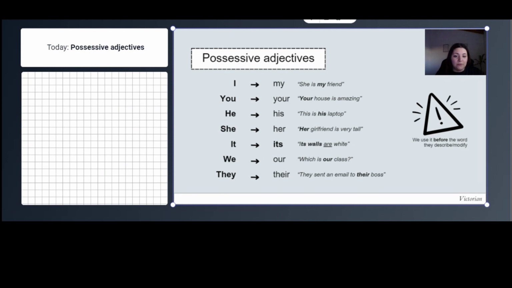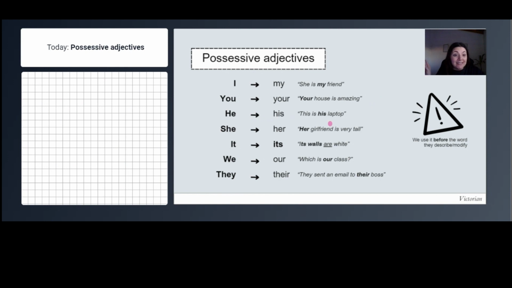Let's see some examples. With I we say my. For example, she is my friend. She's not any friend, she's my friend. With you, we use your. Your house is amazing. Not any house, but your house. With he, we use his.